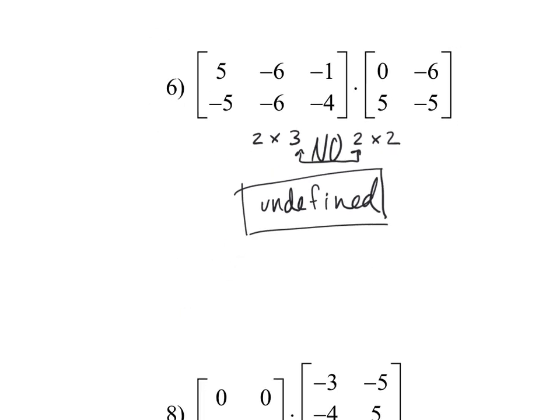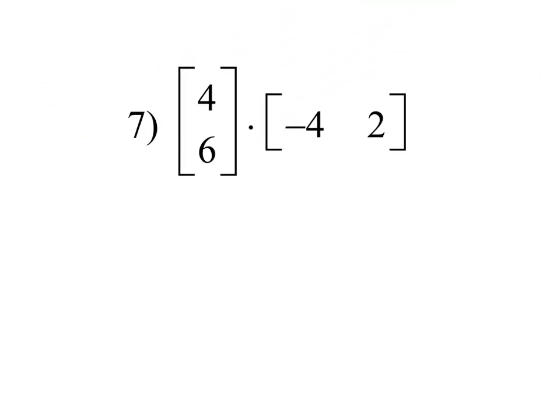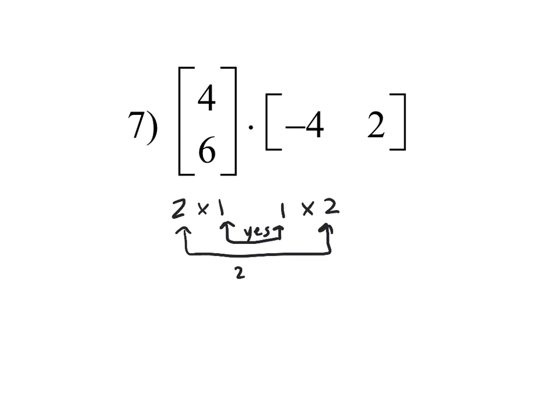Good. Alright. Number 7. What's the size of our first one? 2 by 1. What's the size of our second? 1 by 2. So can we multiply these together? Yes. And what's the size of our answer going to be? A 2 by 2.